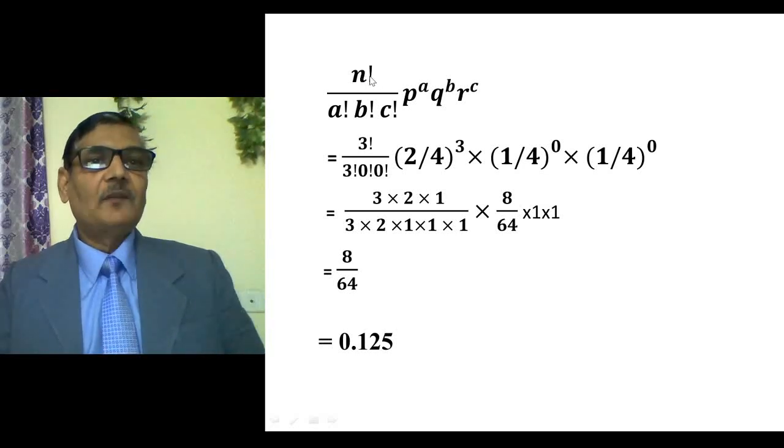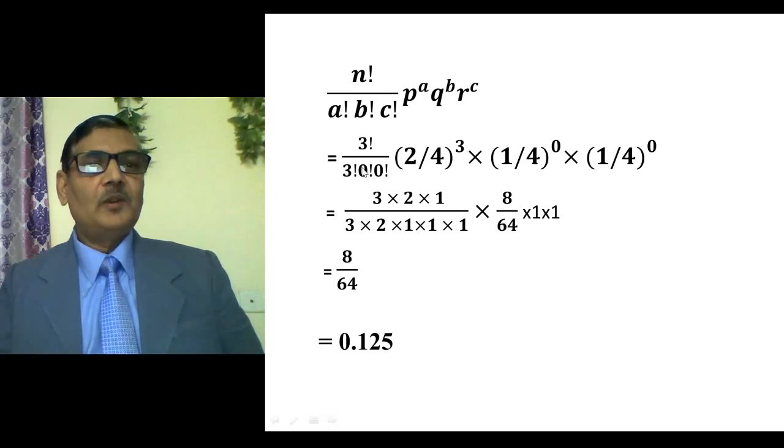that is, n factorial divided by a factorial into b factorial into c factorial, and this whole will be multiplied with p power a, q power b and r power c. Let us see what it means. N means total 3 children are there, so n is 3. A means occurrence of A blood group, which is 3.